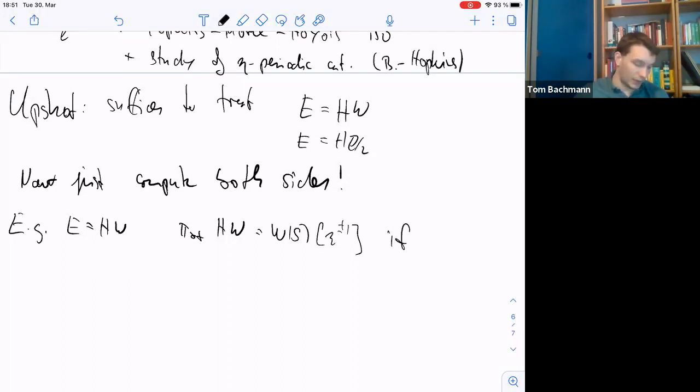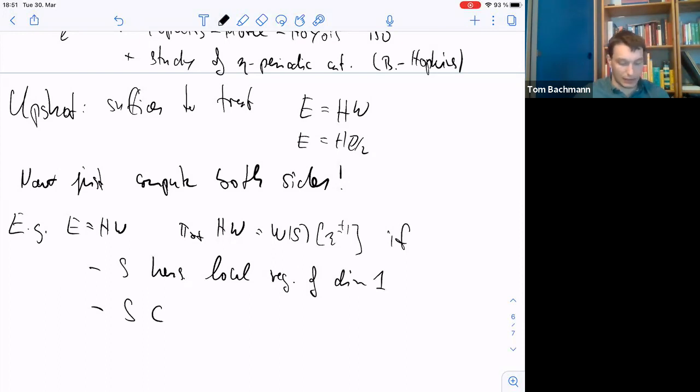So if S is Henselian local, essentially smooth, or let me just say, we only care about this case, Henselian local and regular of dimension 1, or if S is an open subscheme of C1/2.